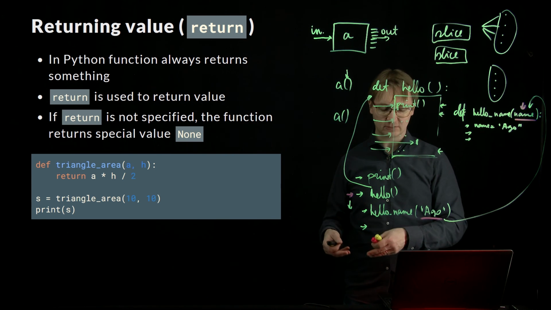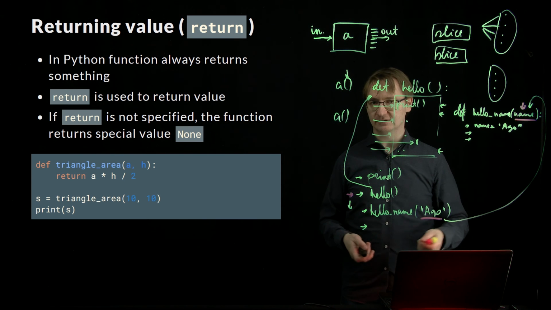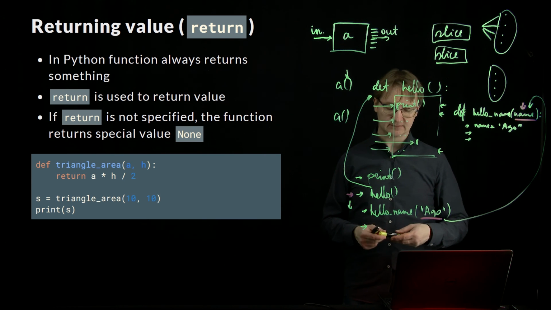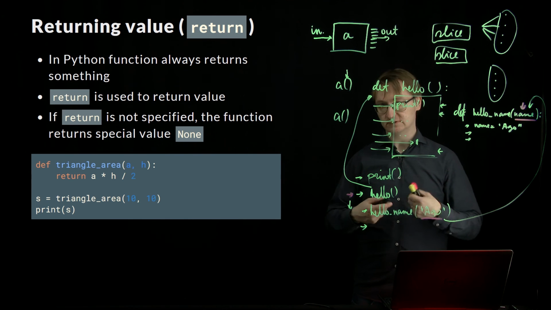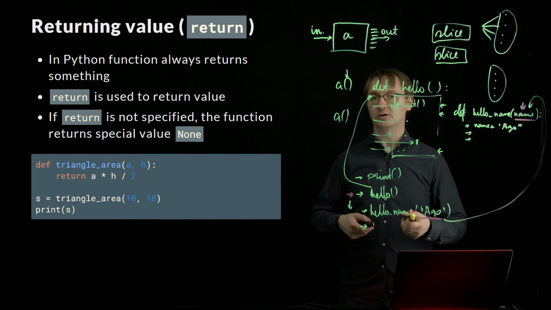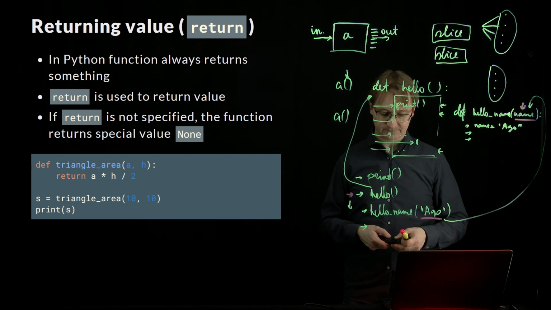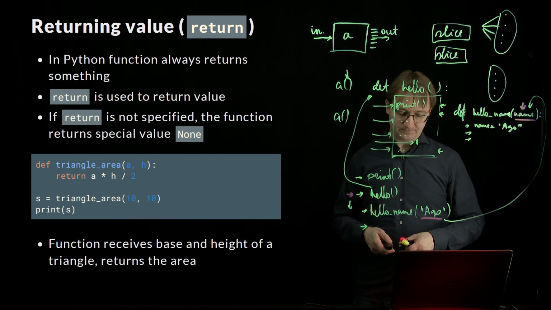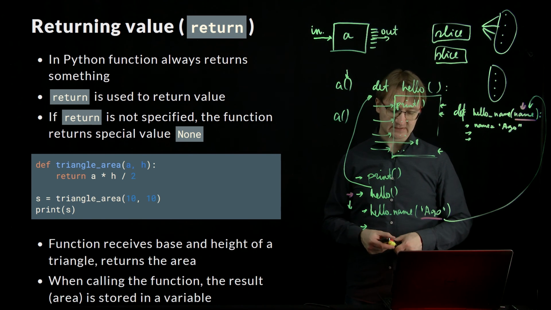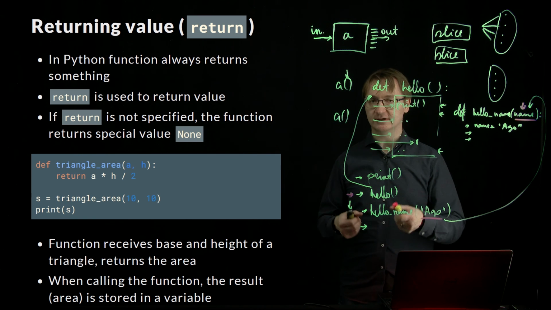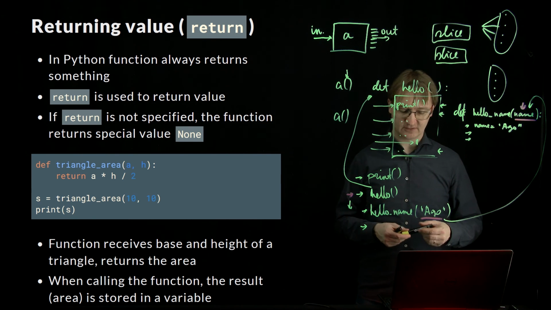After the return, we can have an expression. Now we can put the result of this function into a variable. The variable s is where we store the result of this function.